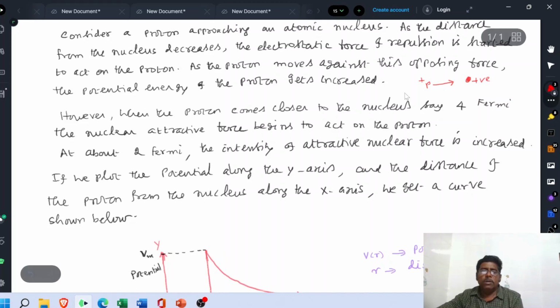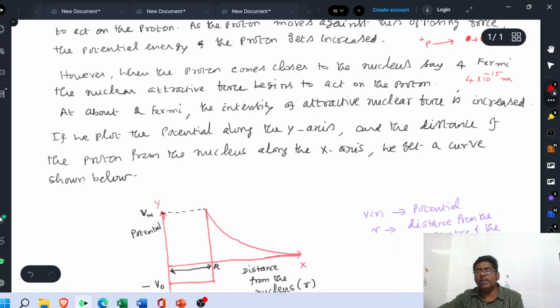Even so, when the proton comes closer to the nucleus, say 4 Fermi, if the distance of separation is 4 into 10 power minus 15 meter, instead of repulsion, an attractive force is developed because of the attractive nuclear force. At about 2 Fermi, the intensity of the attractive nuclear force is increased.